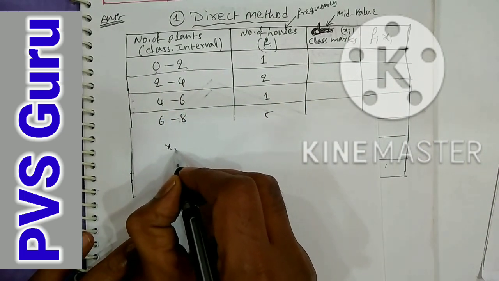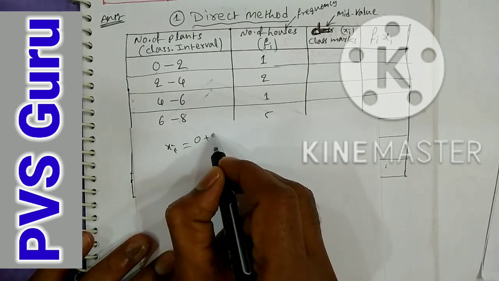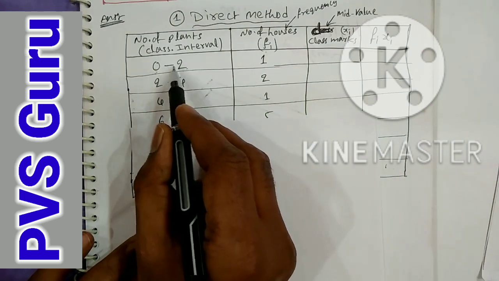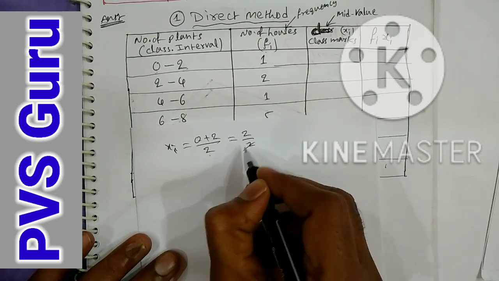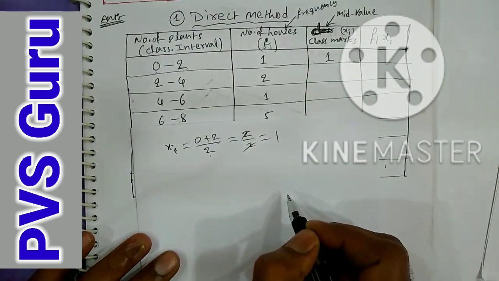Middle value is equal to lower limit plus upper limit by 2. This is called the average. 0 plus 2 is 2, by 2 is 1. So write 1 here.